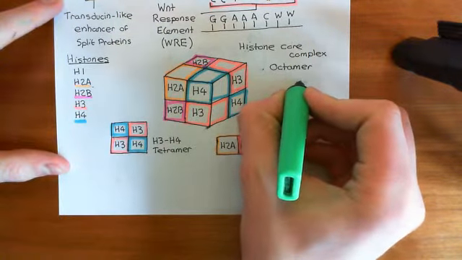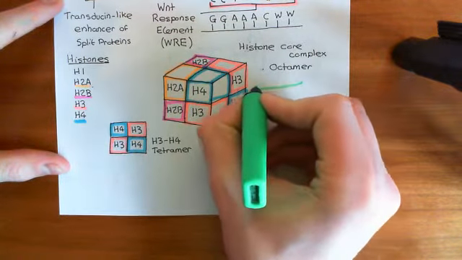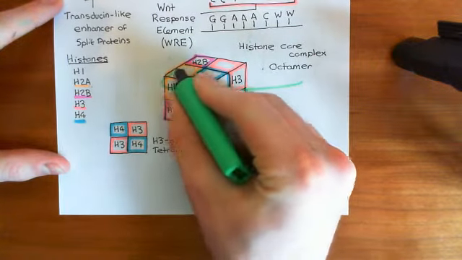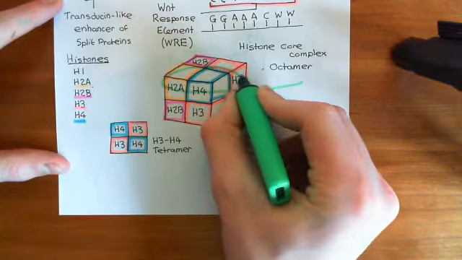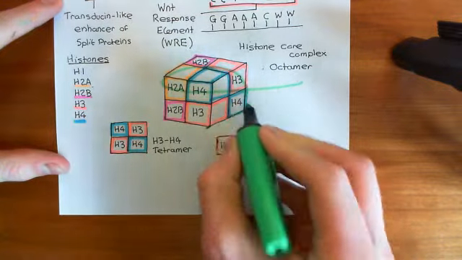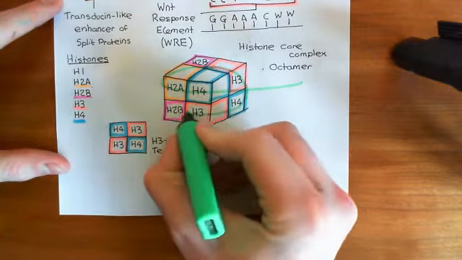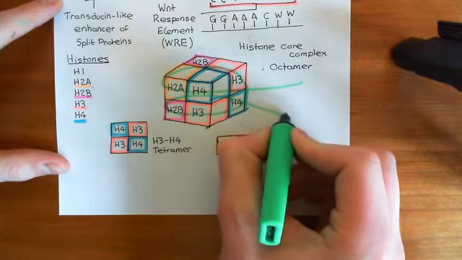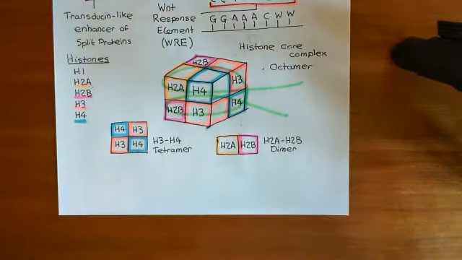This green line is going to represent the double strand of DNA, so it's representing a DNA duplex. It will wrap around the histone core complex like so. Okay, so it's wrapped around once now, and that's going to go round again. Round it goes again, and then it comes off again. So it wraps around the histone core complex twice, like so.